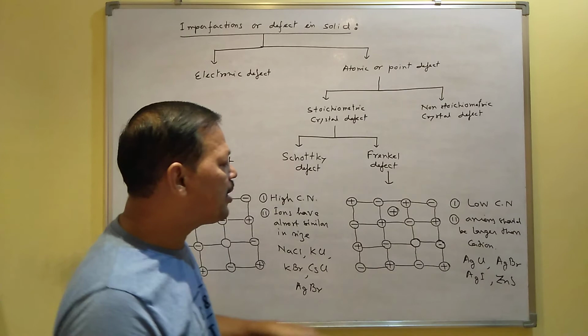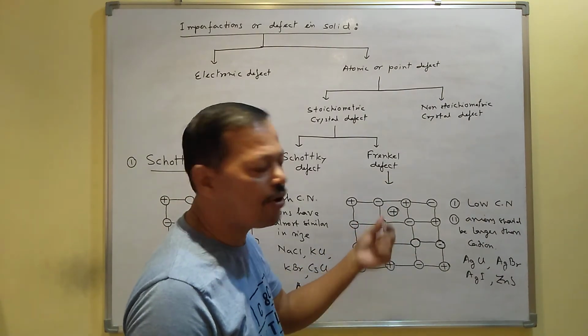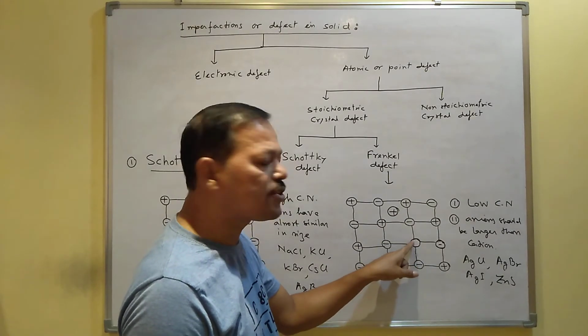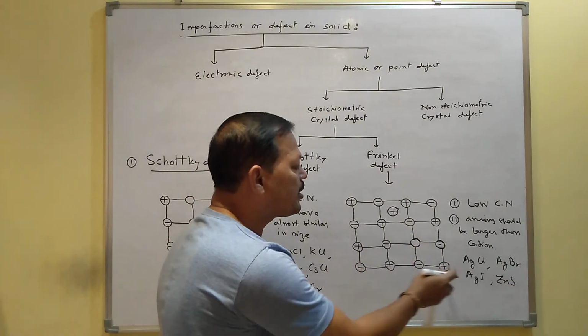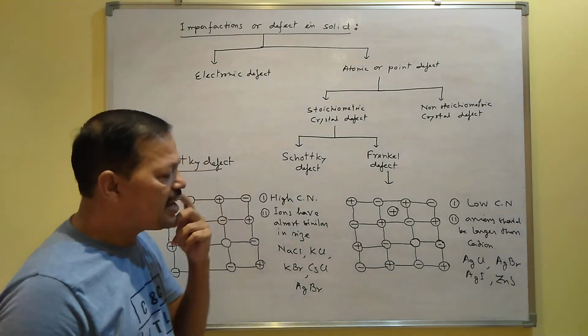Similarly, in Frenkel defect, some ions are missing from their normal lattice site and occupy the voids, and due to the production of void, it also produces some holes, so here also the ions can move from one position to another, and due to movement of ions, it also becomes a good conductor of electricity.